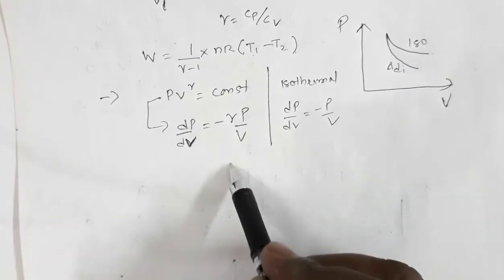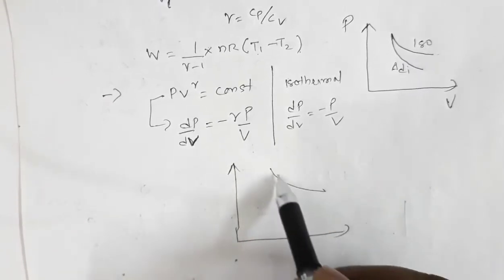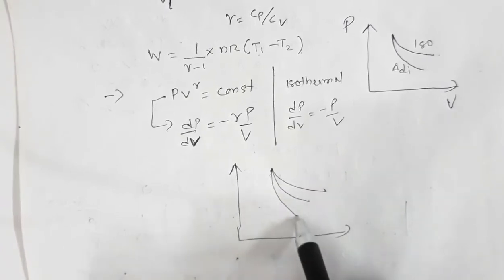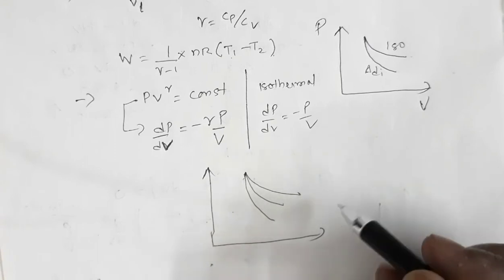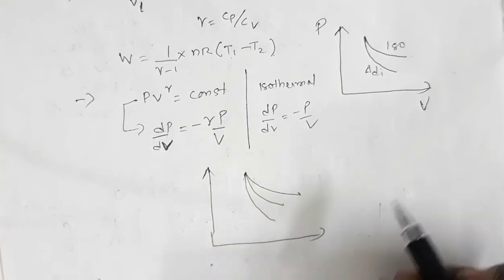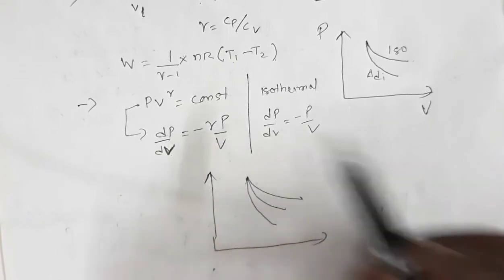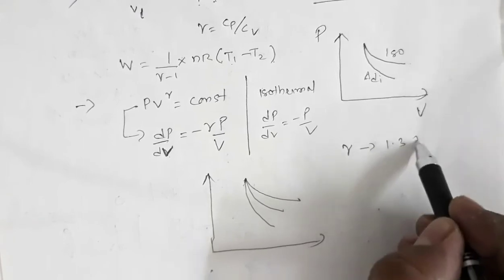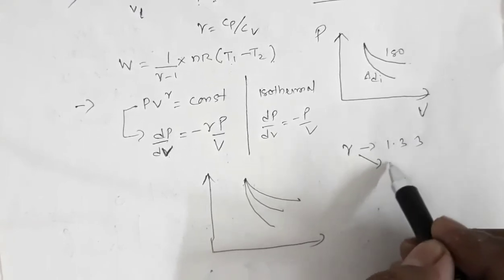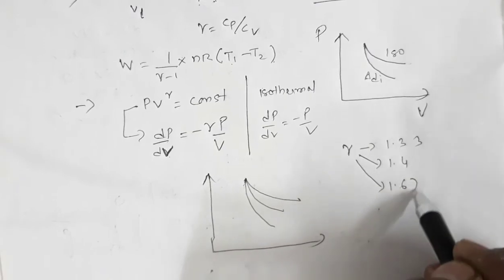Okay, but suppose it is given that all the curves are adiabatic and there are 3 curves, and you have to identify which is for monoatomic, which is for diatomic gas, which is for polyatomic gas. Now as we can see, dP by dV is equal to minus gamma times P by V. Now gamma for monoatomic it is 1.33, for diatomic it is 1.4, for polyatomic it is 1.67.